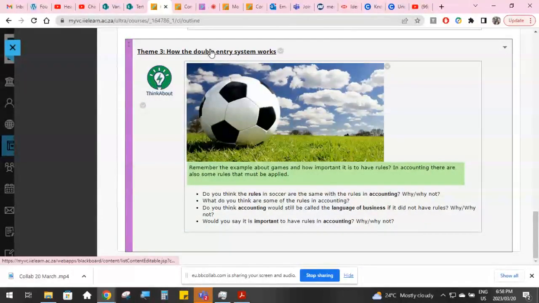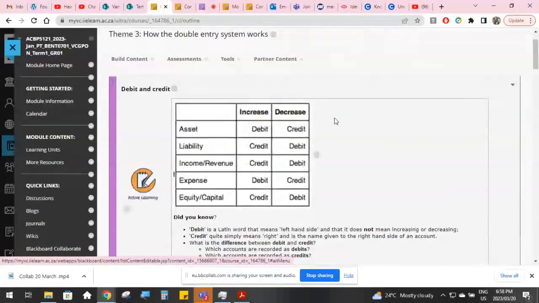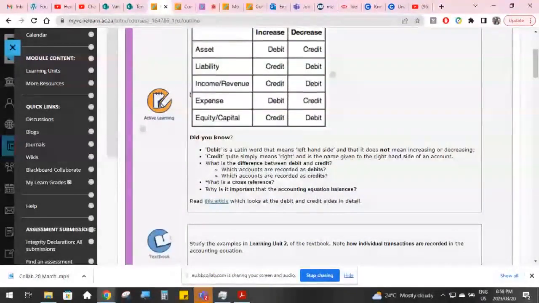So if you click into one of the themes itself, it will then take you through to some really good resources where they will have some questions to think about.